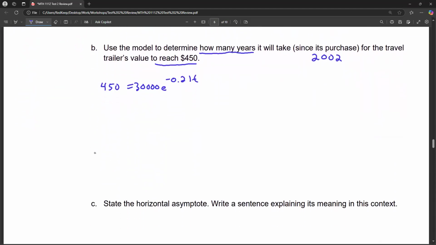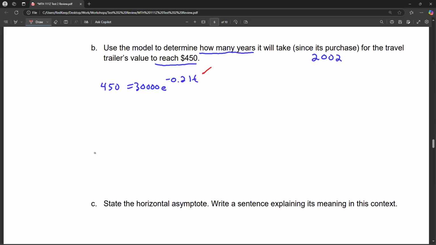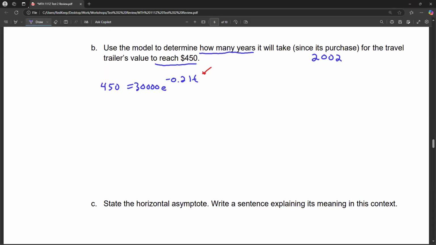Okay, so in this scenario in part B, we are trying to solve for t. T's hanging out up here in the exponent position, and we know we can gain access to it by taking the log, right? Though we are going to have to do a little bit of work here. First, let's go ahead and divide by 30,000.